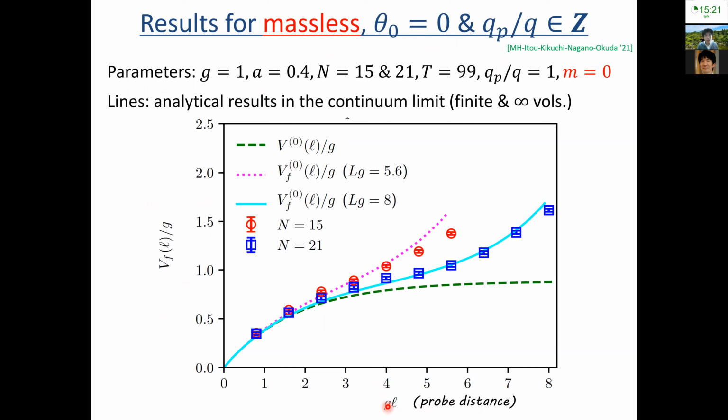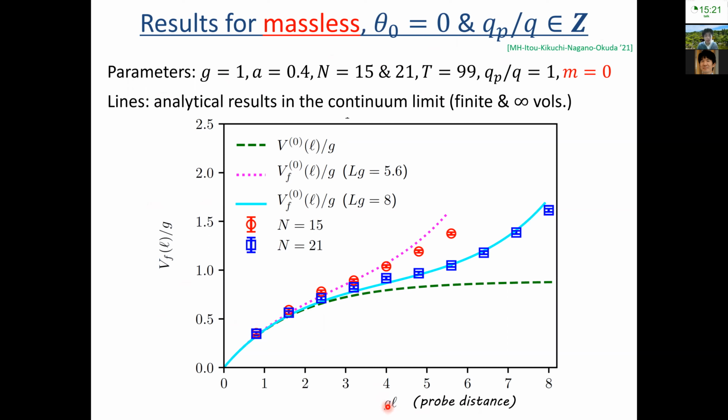So we basically have a non-linear behavior of the potential. And as we change the volume, we expect that the region here becomes more flat. And this is consistent with the expected screening behavior.